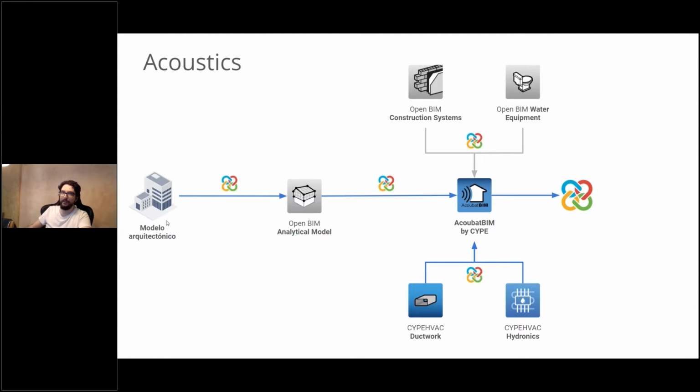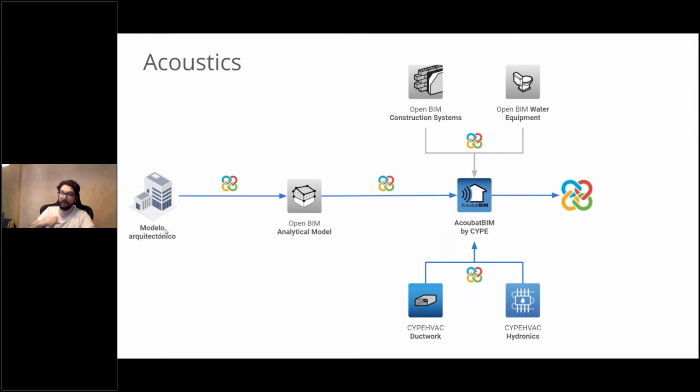Once we have chosen the application, we need to develop the architectural model. Depending on our workflow, maybe we only need to wait for the architect to give us this model, or we have to make it. So we are going to do it. We are going to use CYPE Architecture in order to design this architectural model. Once we have it, we are going to export it into BIMserver.center.